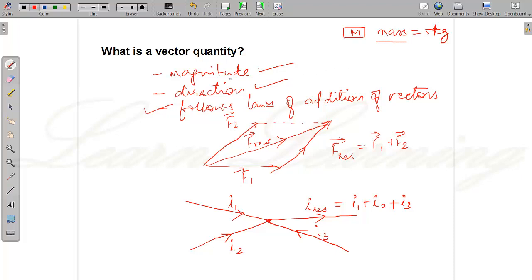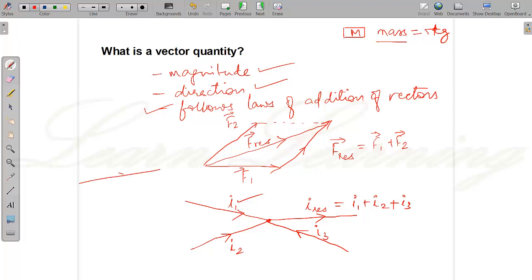For a quantity to be a vector, it should have a magnitude and a direction, but apart from that, it should also follow the laws of addition of vectors. We'll see what that means with a physical quantity, current.